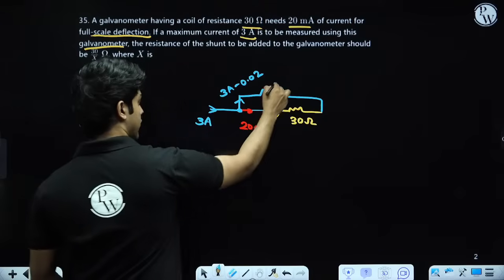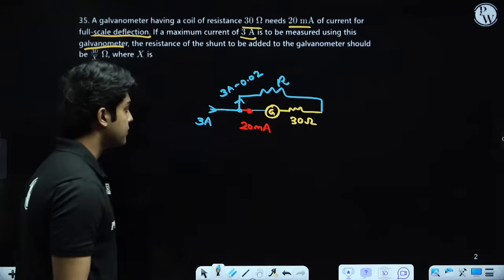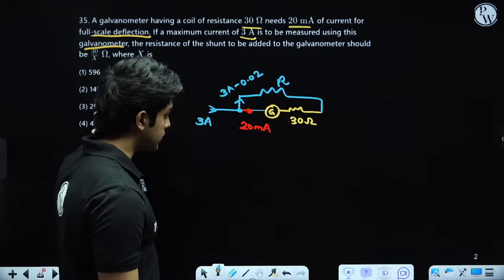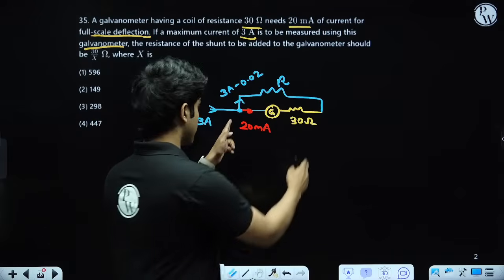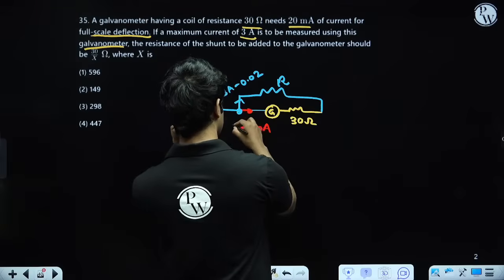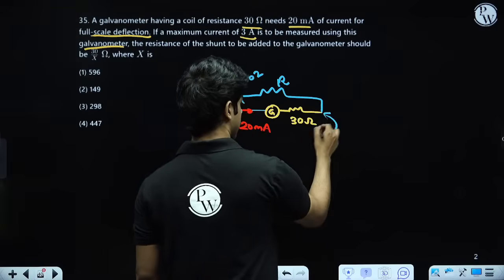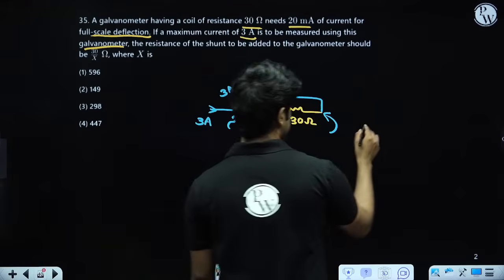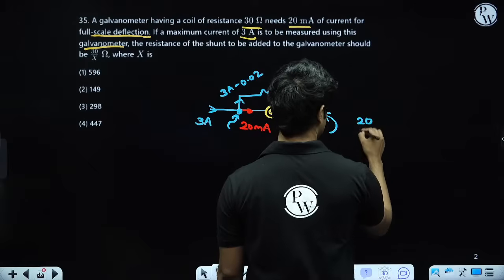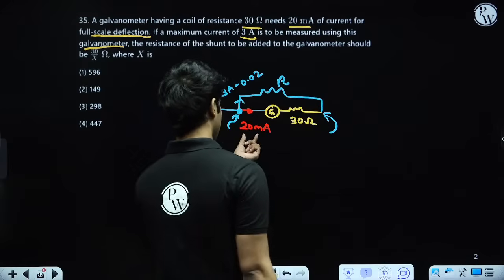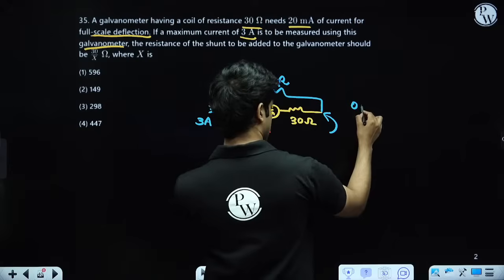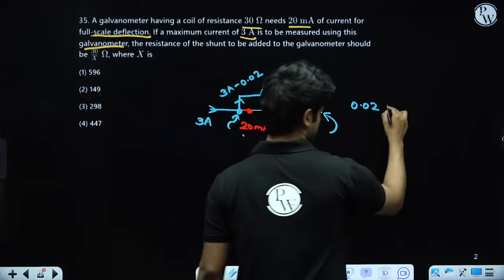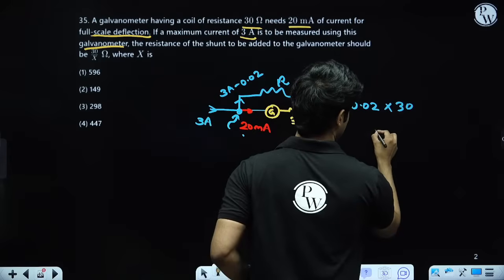So we have to find out what this resistance R is. This resistance R is in parallel with the galvanometer G. The potential difference across these two terminals is going to be the current 20 milliampere, if we write it as 0.02 amperes, times 30, so this will become 0.6.